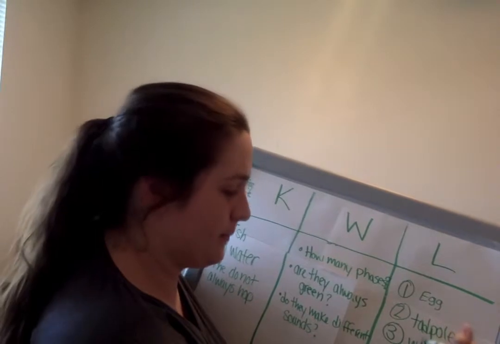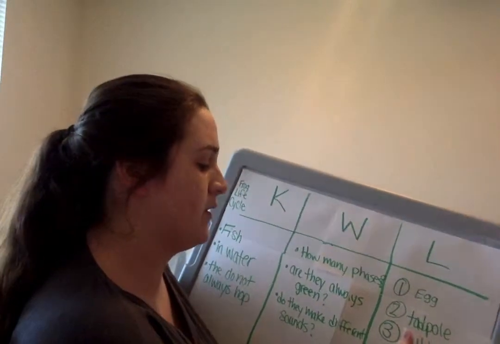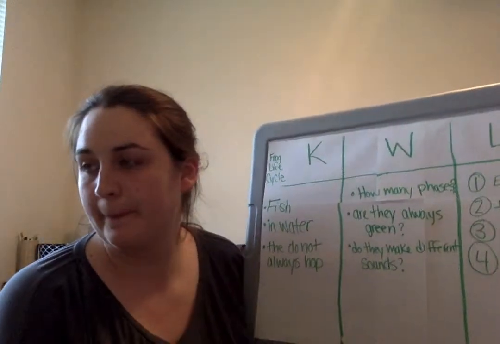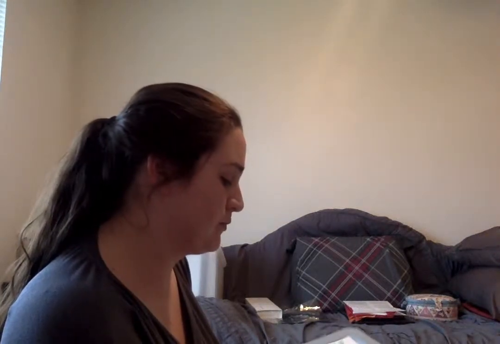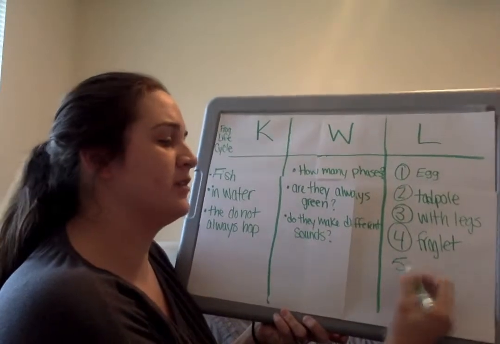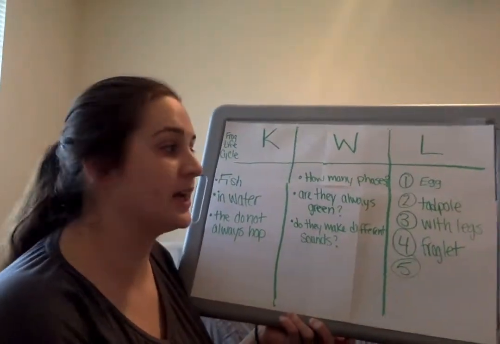With legs, yep. Tadpole with legs. What does it change into next? A froglet. And what is the final phase of the frog in his life? A frog, an adult frog.